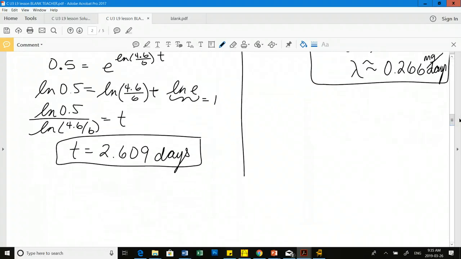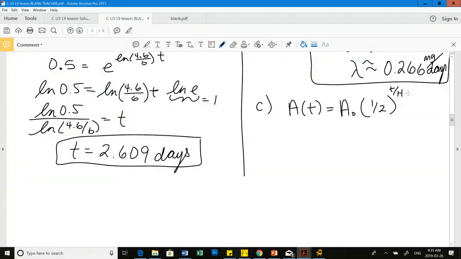So for part C, usually I have something like A at t equals A naught times a half, and then it's going to be like t over the half-life. So in our case, it uses the N at t, so we can use that rather than A at t, which is fine.